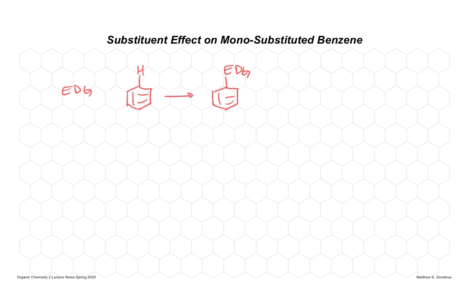So the resonance argument tells us an electron donating group puts electron density at those positions.